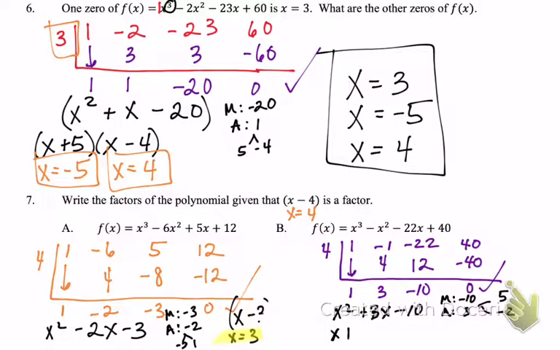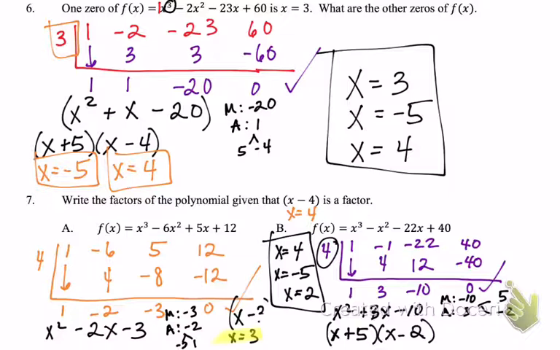X plus 5, x minus 2. So my answer would be x equals 4, which is right here. X equals -5, and x equals a positive 2. So once you get the hang of it, it really does go pretty quickly.